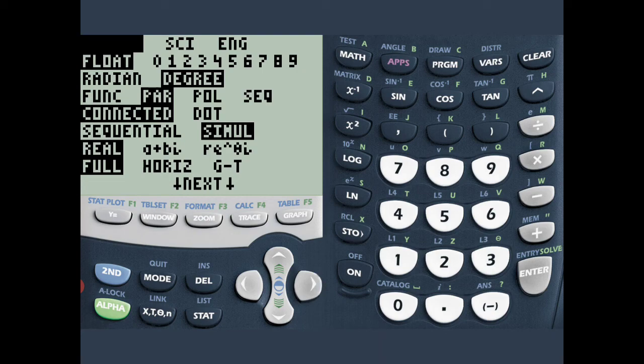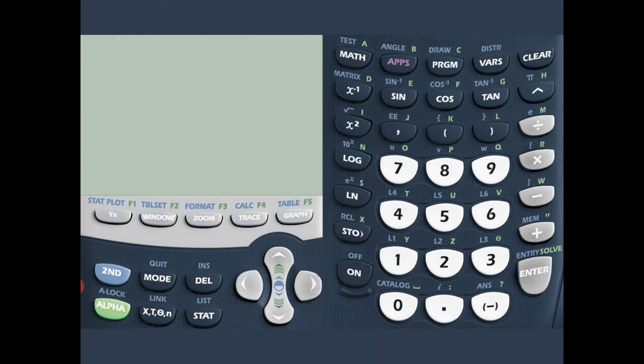Make sure on the third line that the setting is set to degree and not radians. Press enter and make sure that it's highlighted. I'll press second mode. And what I'm going to do now is press sine of 63 degrees.